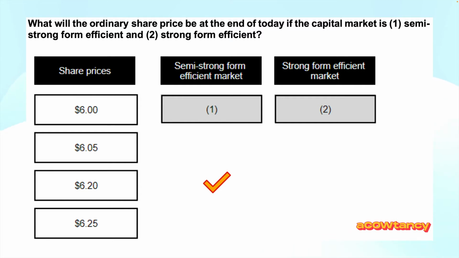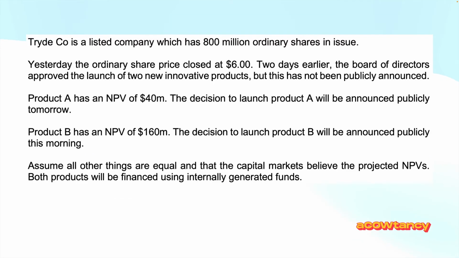Now for a strong market, well, they knew everything anyway. They knew past, public and inside. So they knew exactly what the board knew. So yesterday, $6, and 2 days earlier, the board had already approved the launch of 2 new innovative products. So the share price, if it was a strong market, would have known about these 2 NPVs.